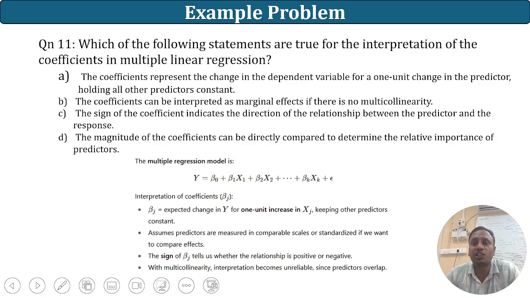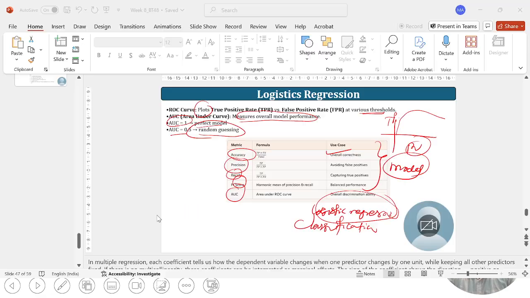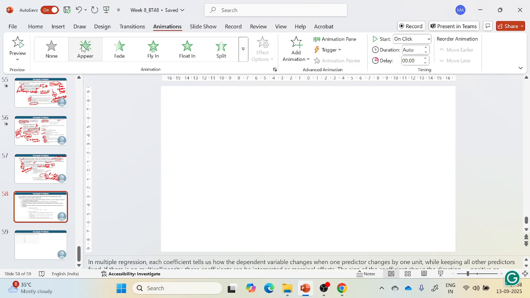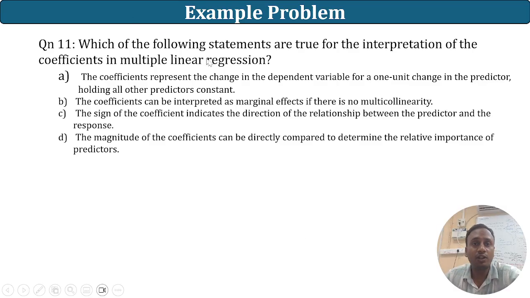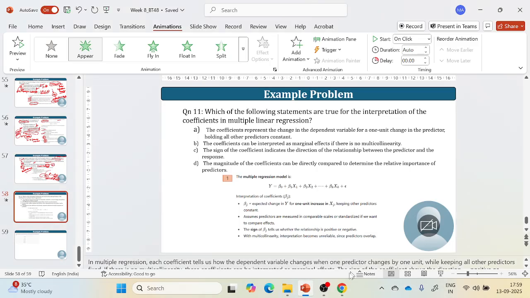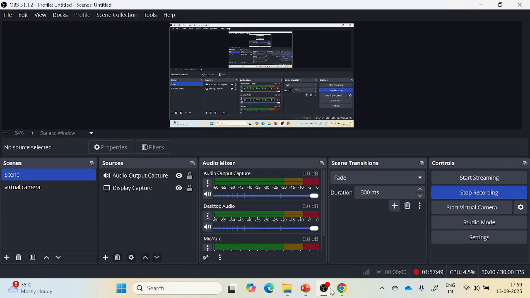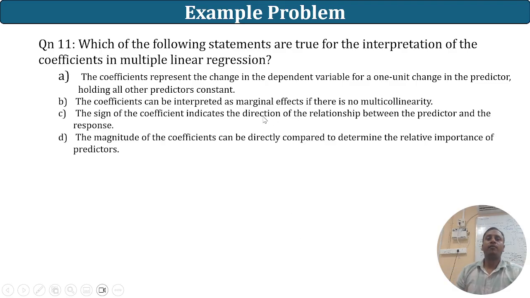Which of the following statements are true for the interpretation of the coefficient in multiple linear regression?